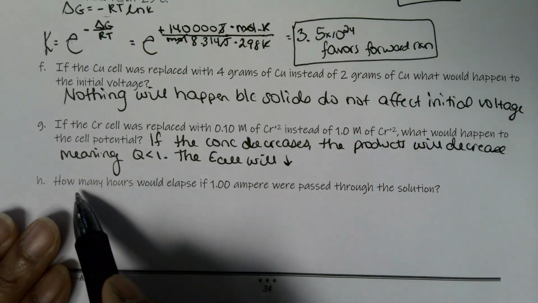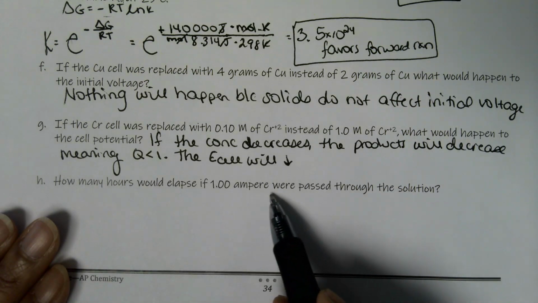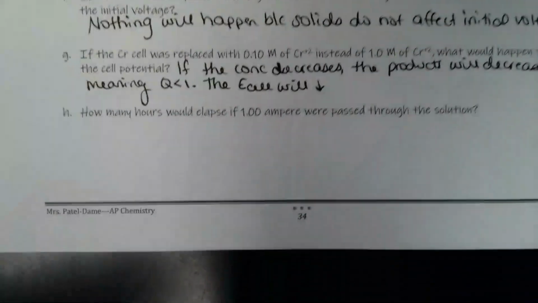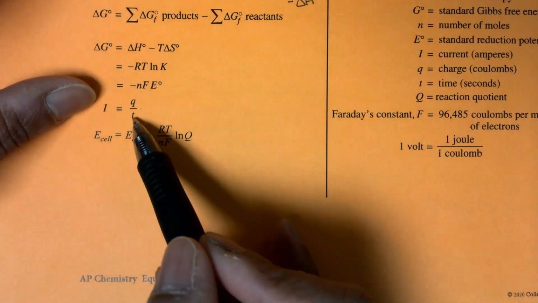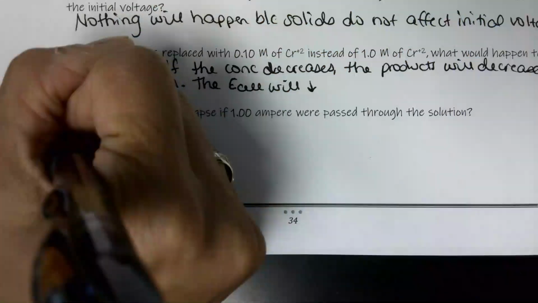Okay, cool. So for H, how many hours will elapse if 1.00 amps were passed through the solution? So now we can play with our little equation over here that we're dealing with time. So we've got amps and have to figure out what our time is going to be. So my time is, actually, let me give you this equation.